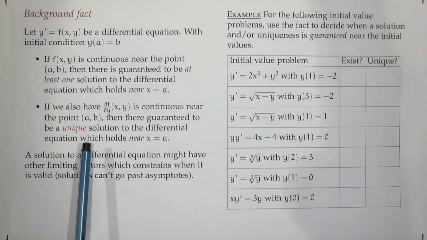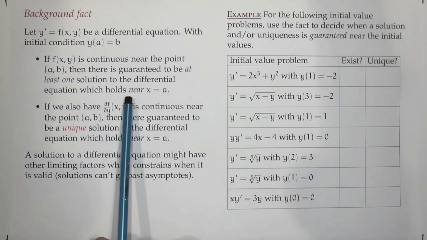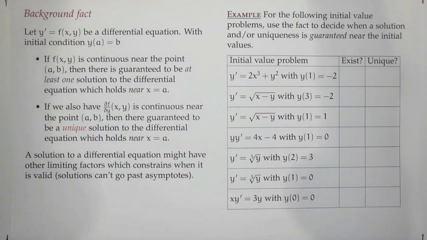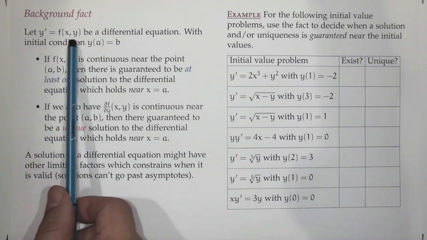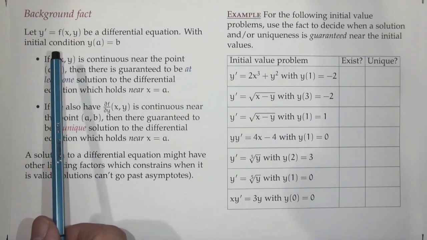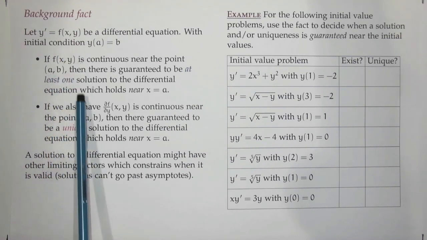If it's even nicer than that, which means if you took the derivative only with respect to y of the function, and that was also good, then not only do you have a solution, it's a unique solution. So if you have y prime equals something which is a nice expression, which is what you'll be dealing with in this class, you're guaranteed a unique solution.